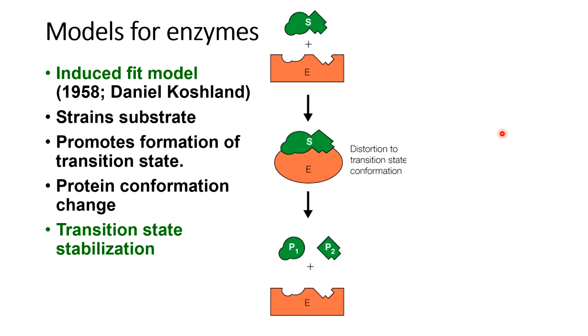But then it changes shape in order to force, or as this later got changed, to stabilize the transition state. So there may be some shape change between the time the enzyme binds the substrate and when it starts to catalyze the reaction, which allows it to more appropriately stabilize the shape of the transition state instead of the substrate.